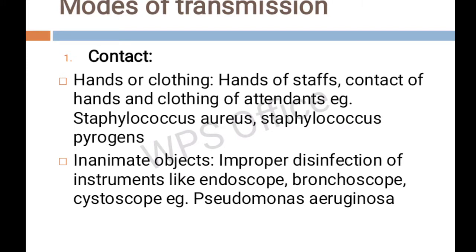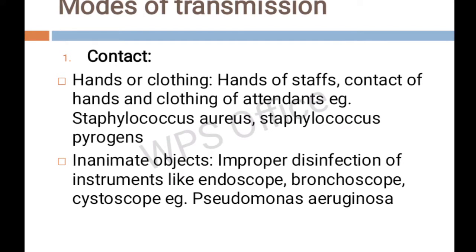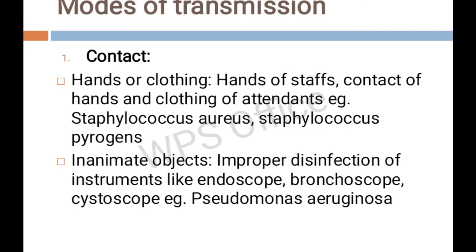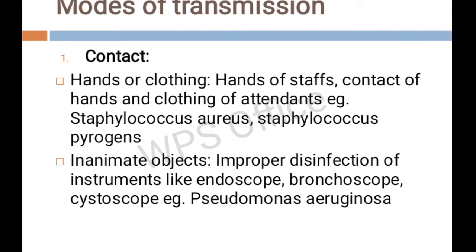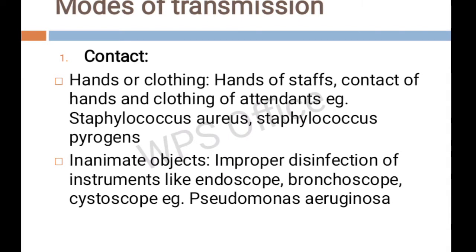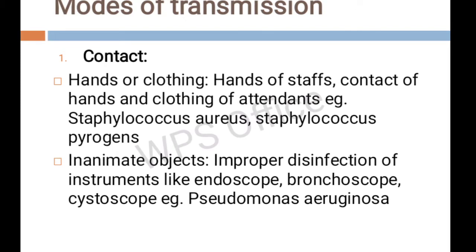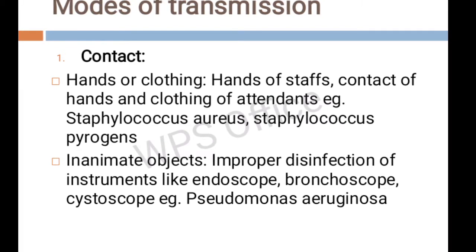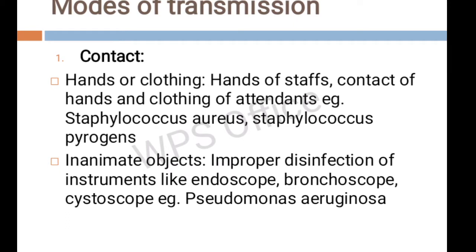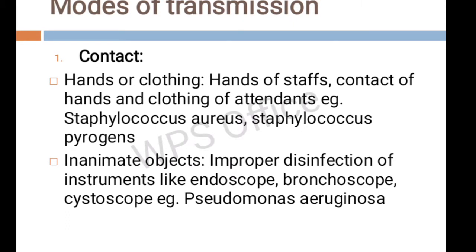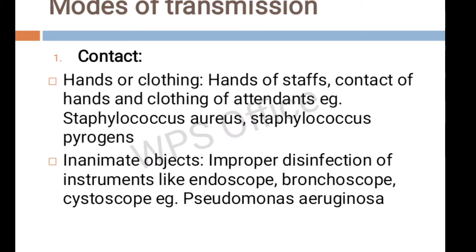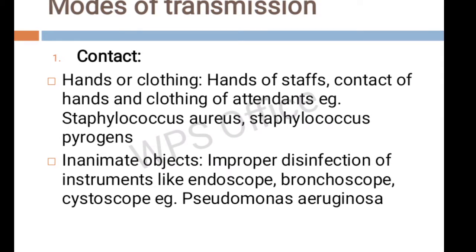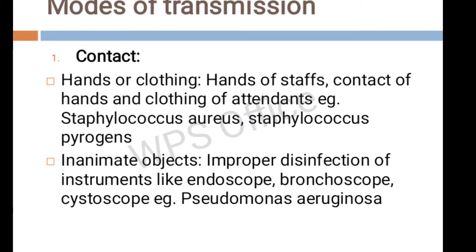Then clothing. In the clothing there are also certain bacteria and virus which can stick to the patient's clothing if they are not washed properly. Like Staphylococcus aureus, Streptococcus pyogenes, these may attach to the clothing, and if not washed properly and used on another patient, this may cause the infection. Then inanimate objects.